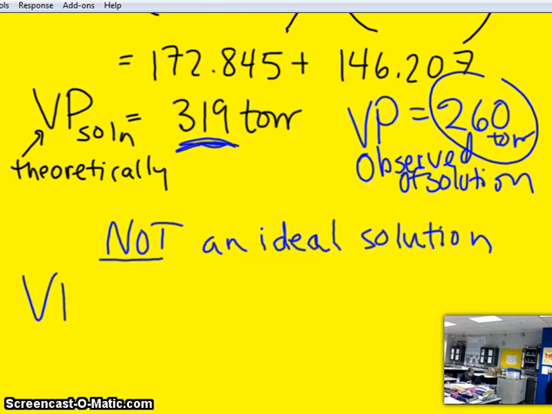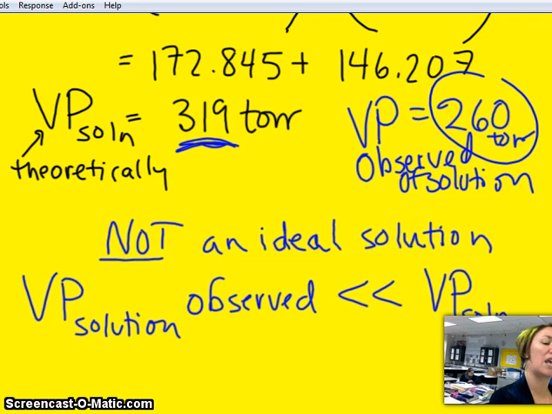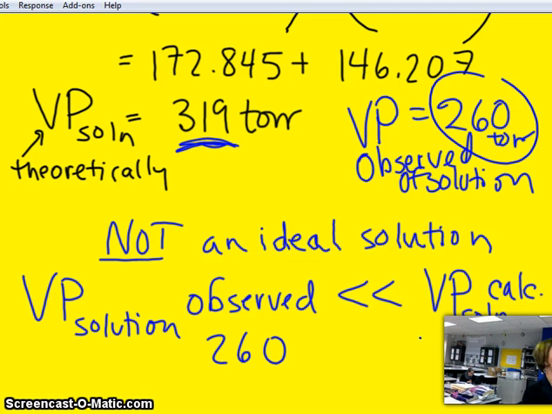And it's not an ideal solution because the vapor pressure of the solution we observe is much less than the vapor pressure of the solution we calculated. Right? We observed 260, we calculated 319.